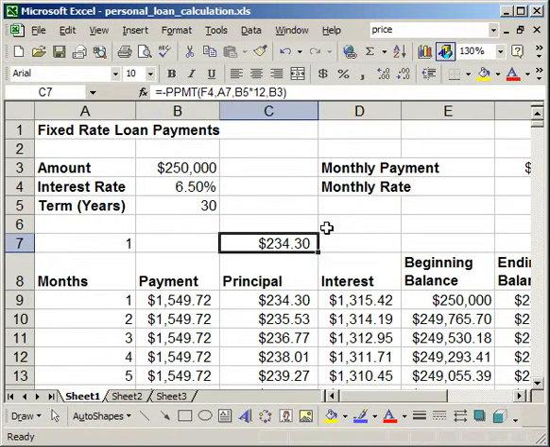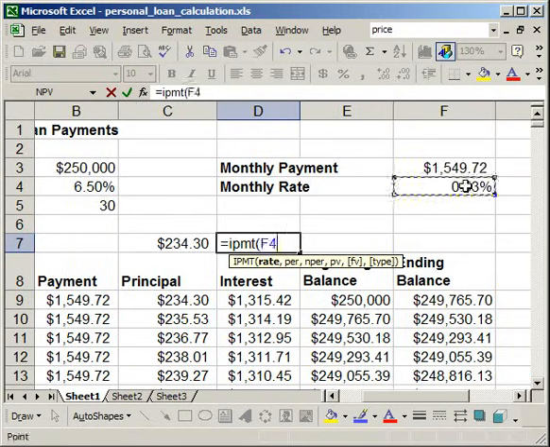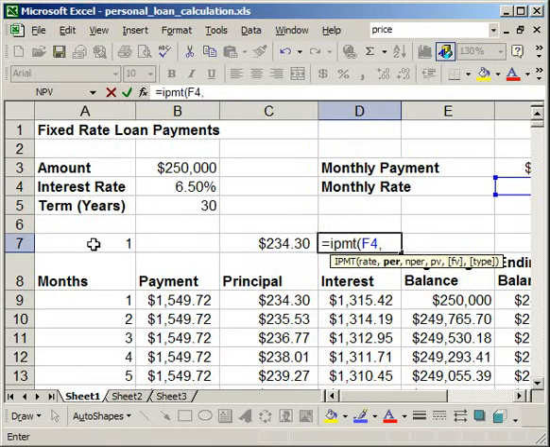Now to calculate the interest payment, it's almost exactly the same. Equals IPMT, open parentheses, so interest payment. Your rate is going to be the monthly rate. The period is going to be the period you're in over here, and I'm clicking this one because over here I have all the months listed.